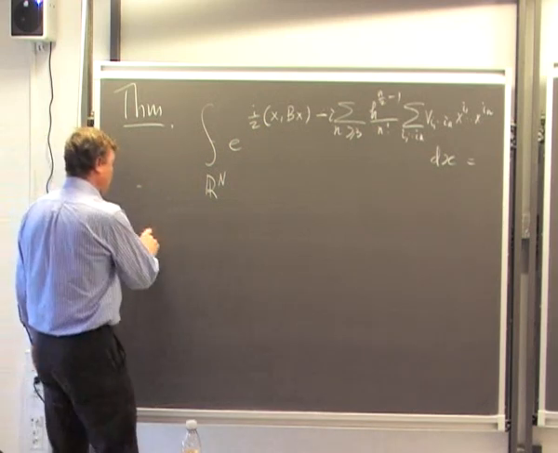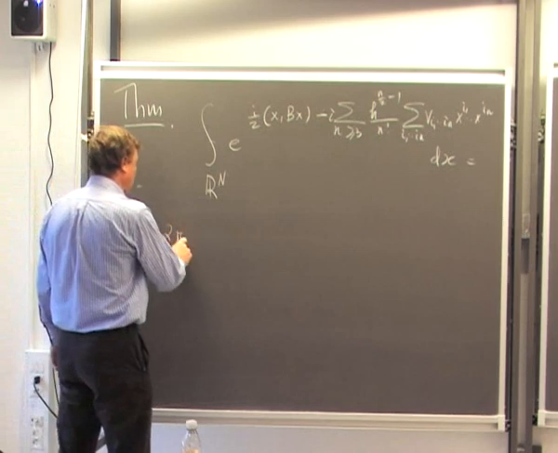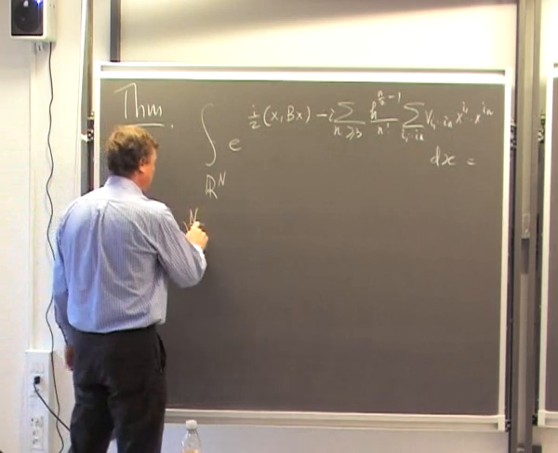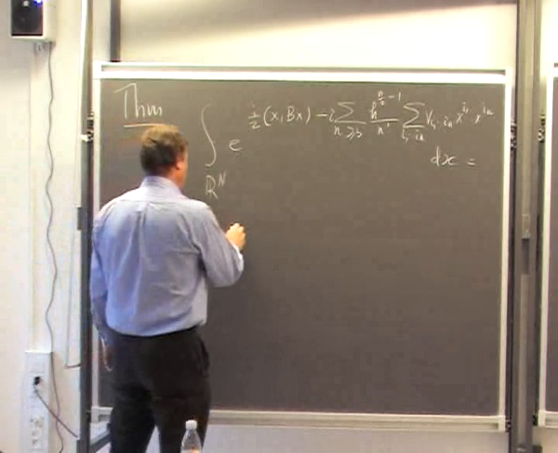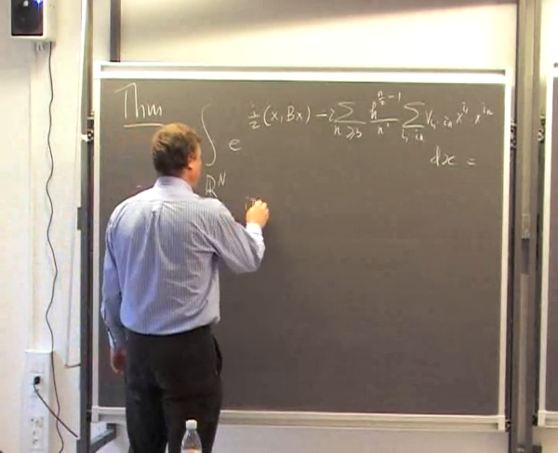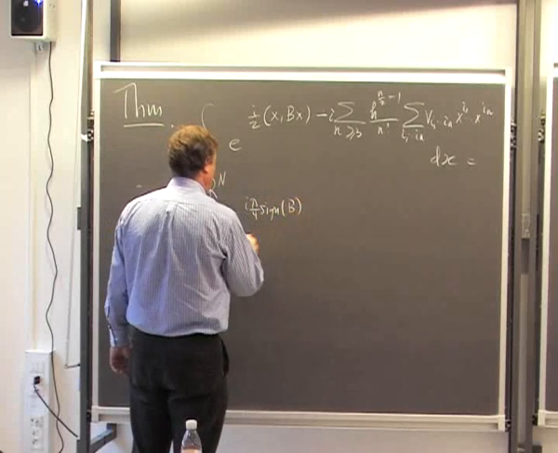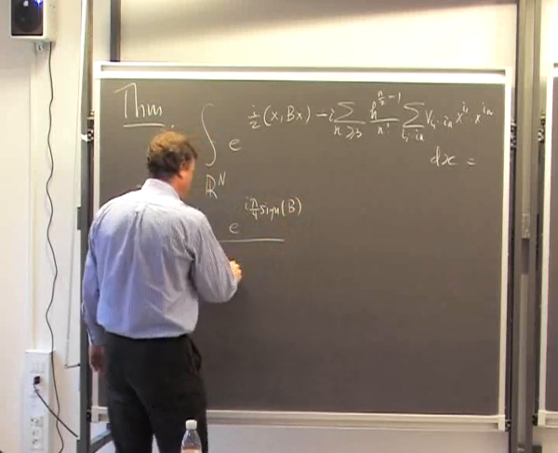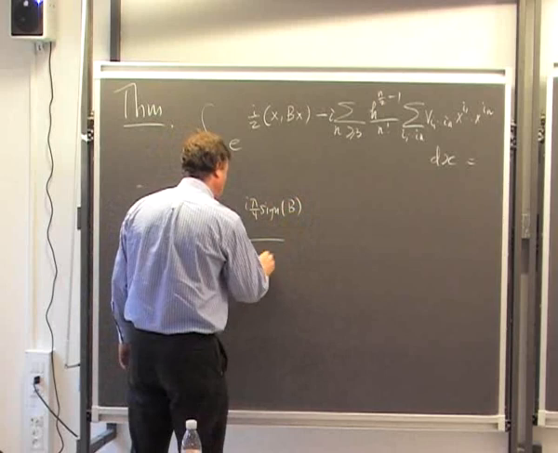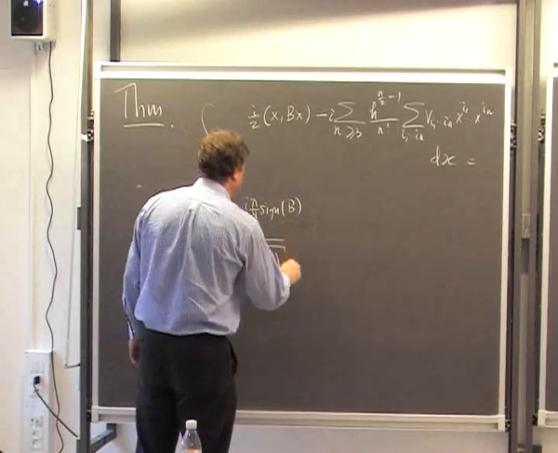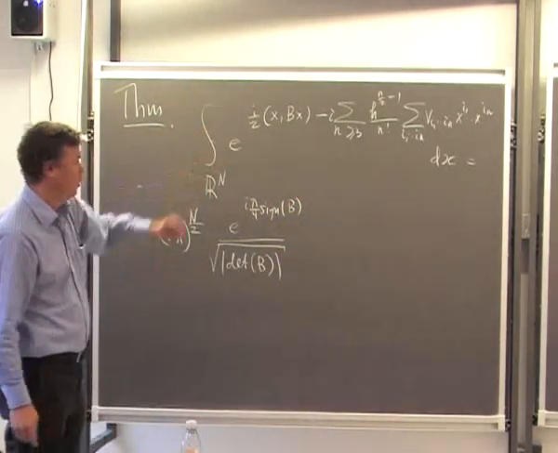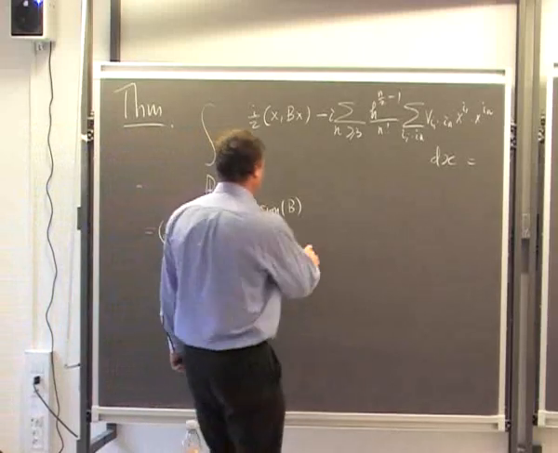And the statement is that this is equal to (2 pi)^(n/2) e^(i pi/4 signature of B). These are the Gaussian contributions. This is what we would have if all these would be 0.